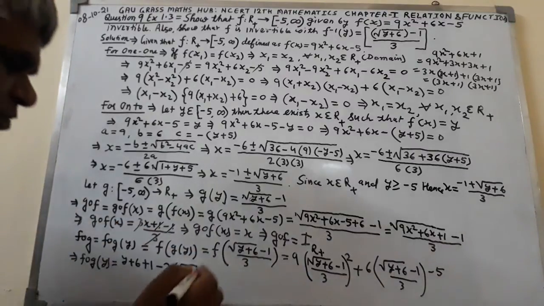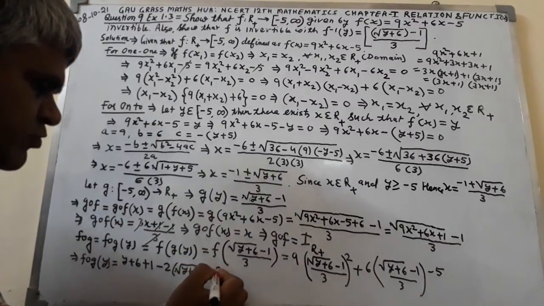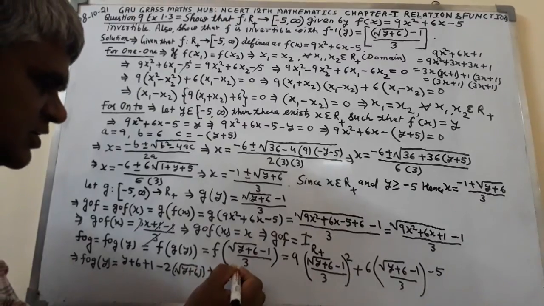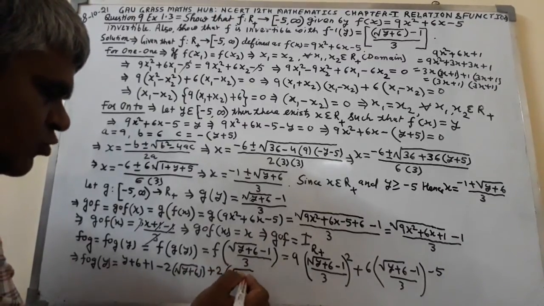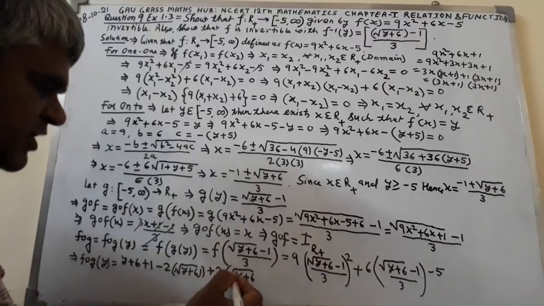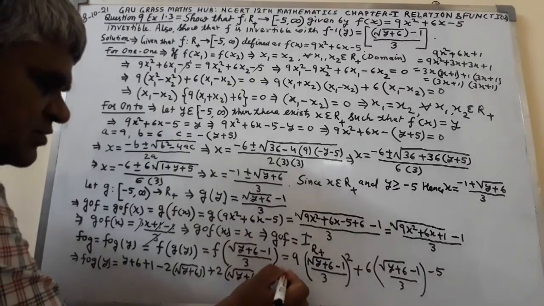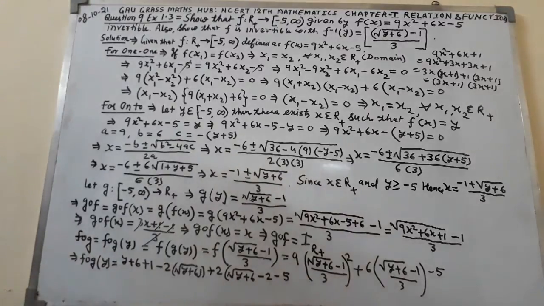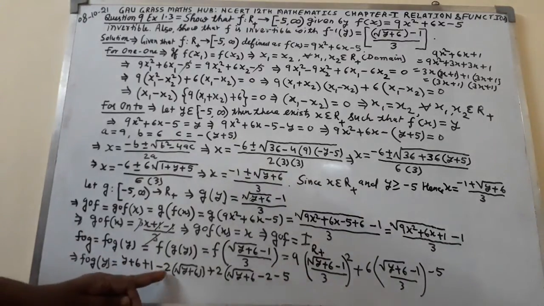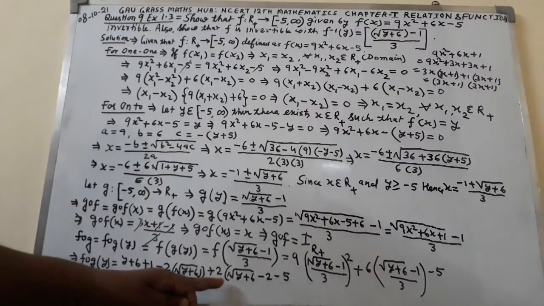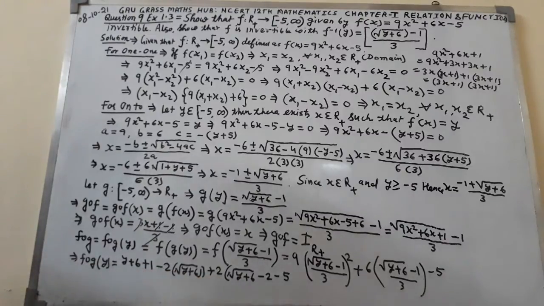We will get here plus 2, in bracket you will get y plus 6 minus 2, minus 5. This thing. So here minus 2 dot under root y plus 6 plus 2 dot under root y plus 6. This one will be cancelled out.